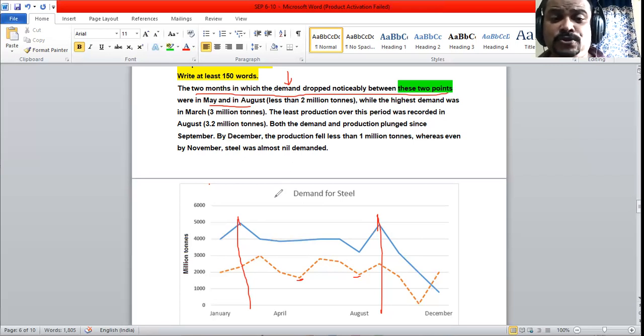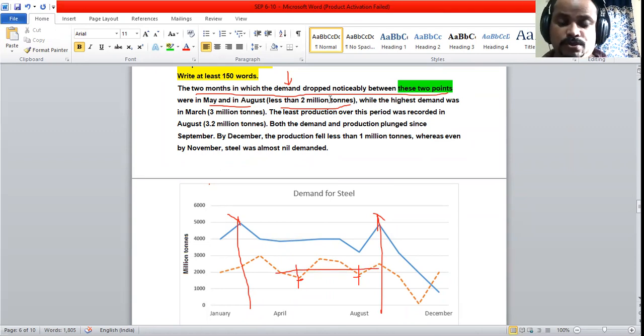So between these 2 points, between February and September, the 2 months in which the demand dropped were May and August, and it was less than 2 million tons. You can say it is 2 million tons. It is actually not 2 million tons, it is 2,000 million tons.